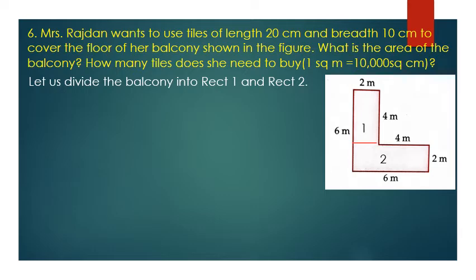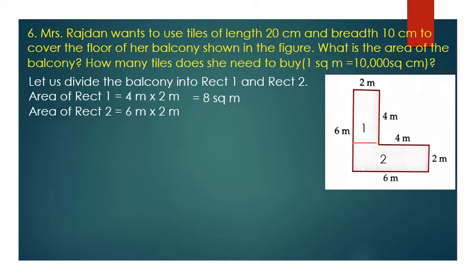Now, area of rectangle 1 is equal to 4 meter multiplied by 2 meter, where 4 meter is the length of rectangle 1 and 2 meter is the breadth of rectangle 1. Now, this is equal to 8 square meter. So 8 square meter is the area of rectangle 1.